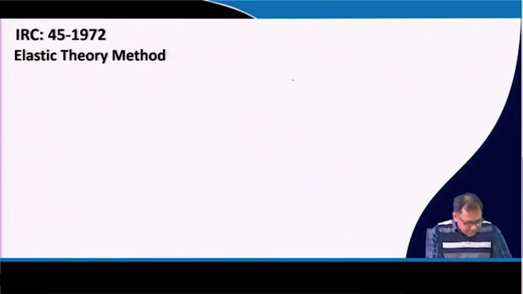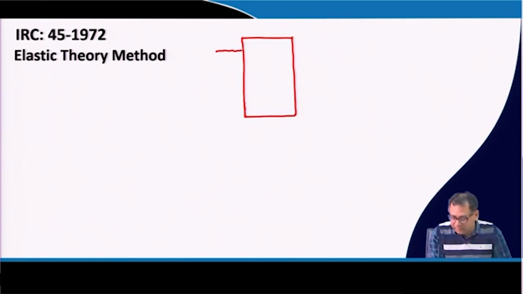Suppose we have a well foundation of this shape. This is the well foundation, and this is the scour level, where H is acting at this level.